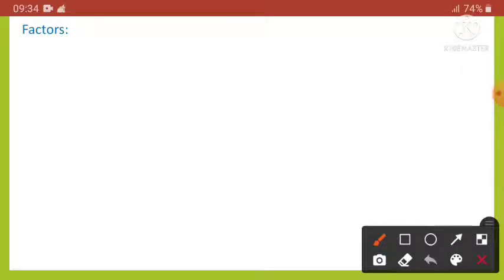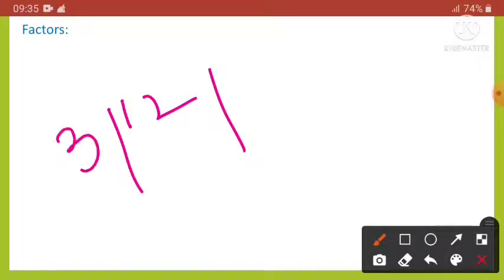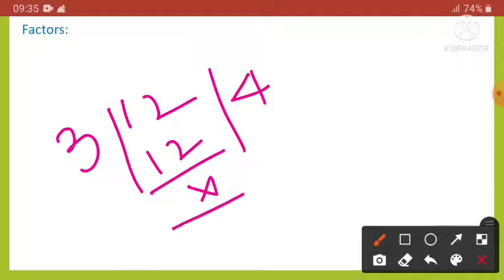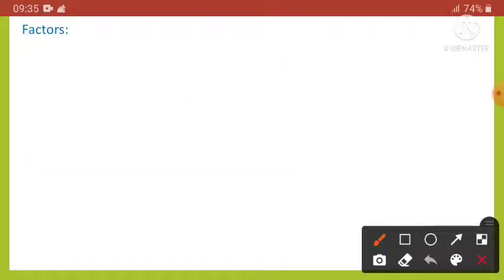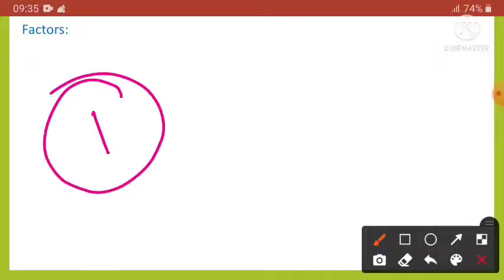So where suppose 12 we are dividing by 3, so here is no remainder, so we can easily say that 3 is the factor of 12, and also we can do the same thing for 4. Okay.